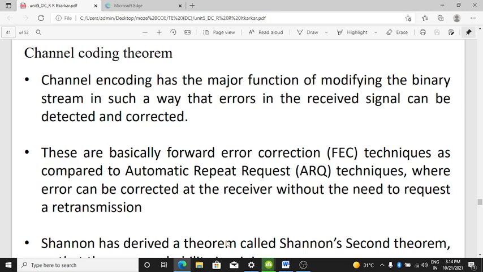These are typically forward error correction techniques as compared to automatic repeat request techniques, where errors can be corrected at the receiver without the need to request a retransmission.